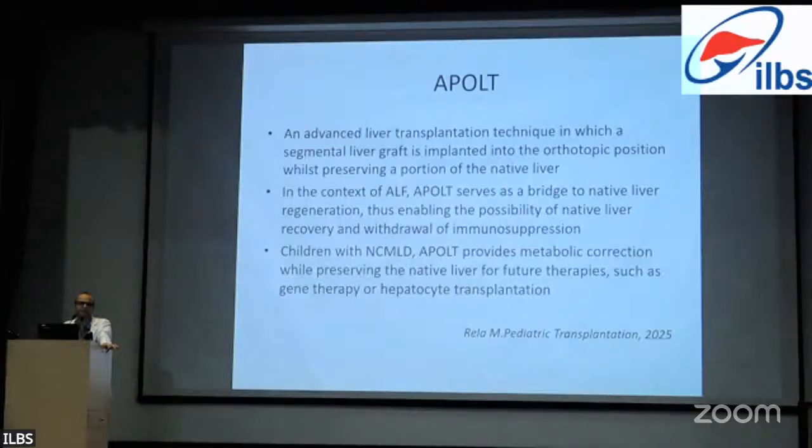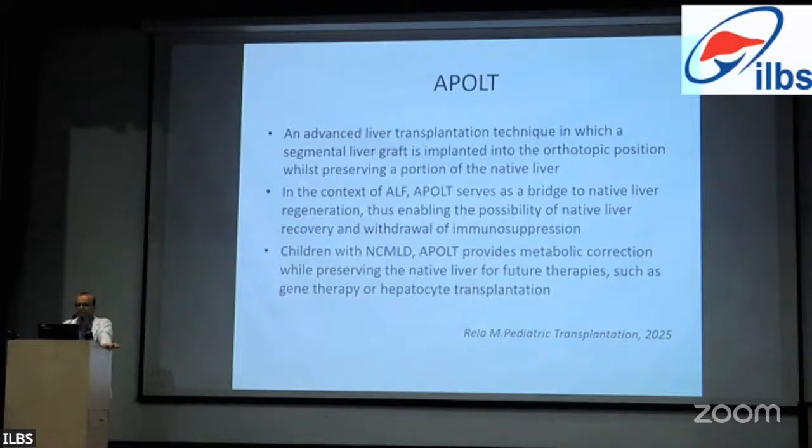In the context of ALF, APOLT has been described, and the purpose is that if the native liver regenerates, then the need for lifelong immunosuppression can be avoided. It was typically described in patients with paracetamol poisoning or viral hepatitis.